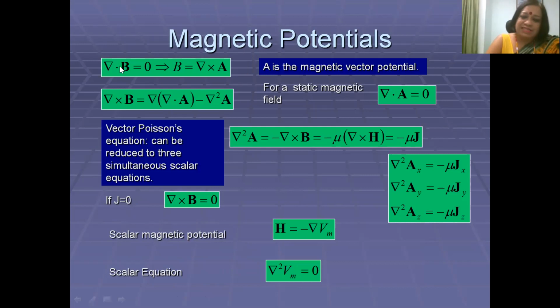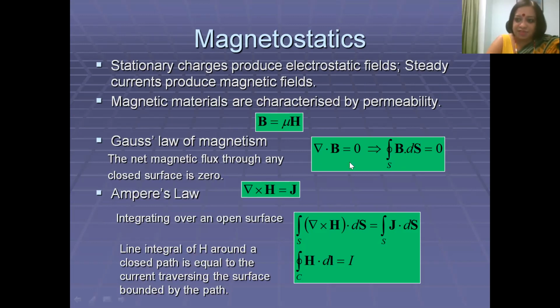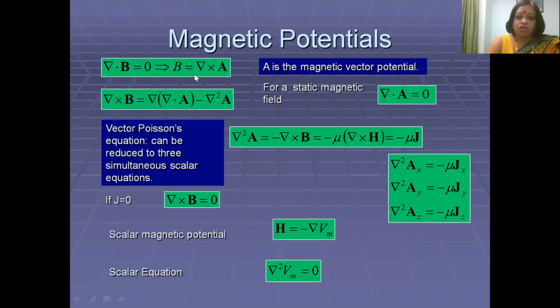Now remember, we say that if you have a field for which the divergence is 0, that is a solenoidal field. Therefore, if divergence of B is 0, we are working with B here, since B and H are similar, then it should be possible to express B as the curl of an arbitrary vector A. This A is different from the A in the previous slide, where A was used to represent the field itself.